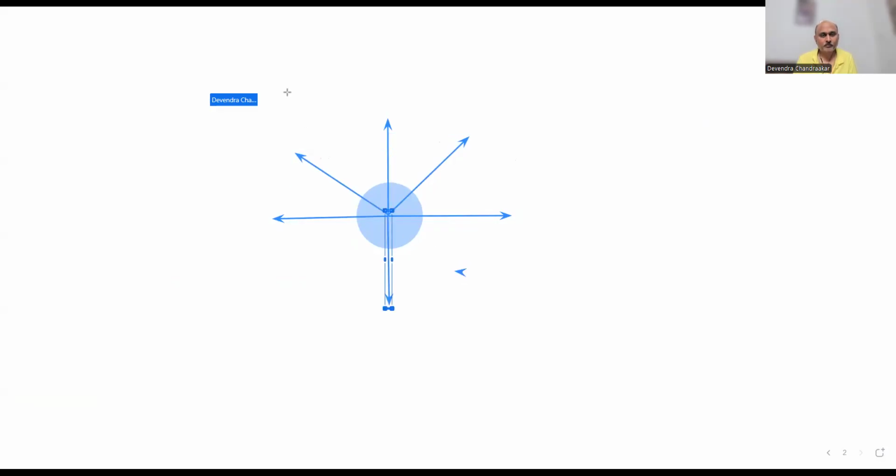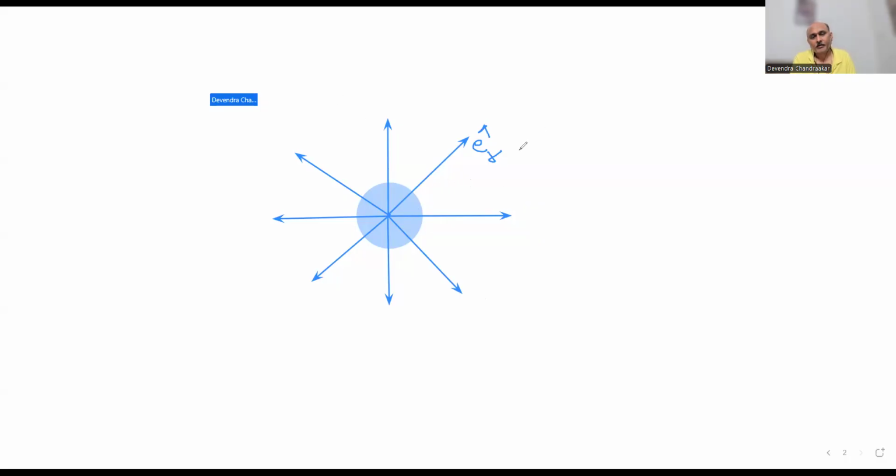We are now using one new unit vector, which is called the radial unit vector, right? Radial unit vector is directed away from the center and radially outwards. So it has different directions. So all these are representing the radial unit vectors. Understood, all of you?